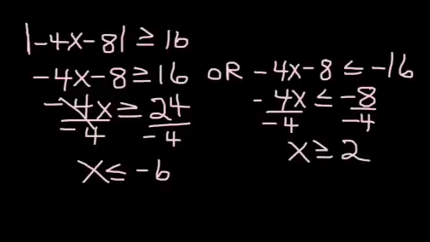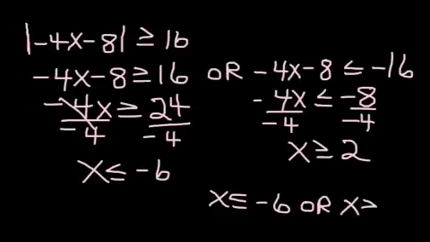And again, if I rewrite this, the final solution, x is less than or equal to negative 6, or x is greater than or equal to 2. So that's some examples of how you can solve an absolute value inequality by changing them into the appropriate compound inequality. Remember, if it's greater than or equal to, it becomes an or problem where you separate it into two equations.